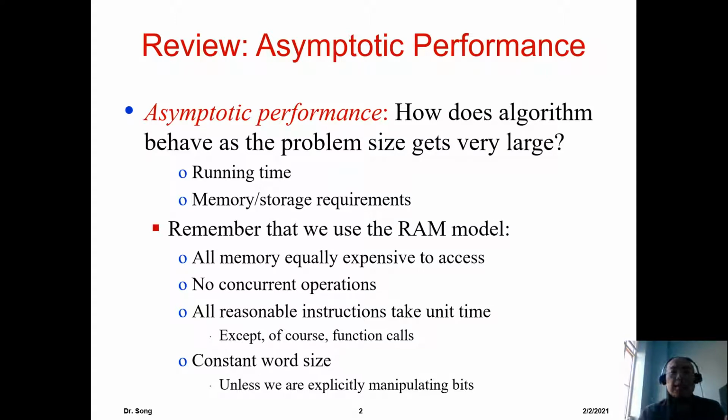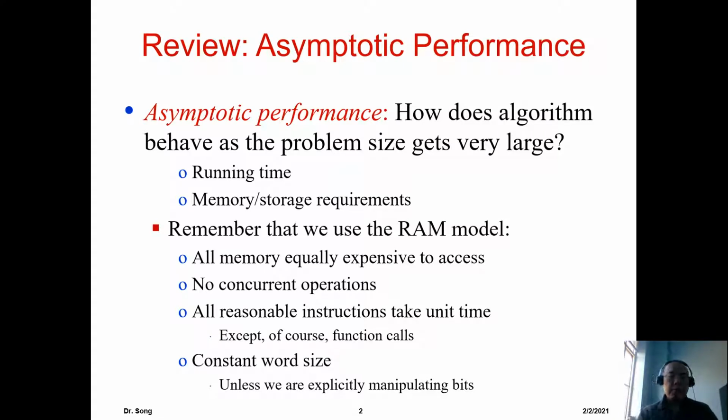And when we are discussing the algorithm performance, remember we are using the RAM model. If you forget what the RAM model is, you may want to refer back to the computer architecture course. You should have this concept covered there. The RAM model may not be true, because there are a few assumptions that are not even true on your computers.